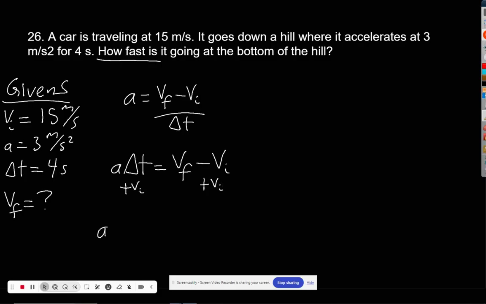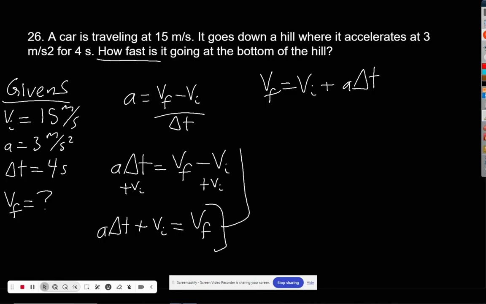So all in all, AT plus VI is equal to VF. That's how that comes out. Or more frequently, you'll see me write this equation as VF is VI plus AT. I just like how this format looks a little bit better, but these are the same equation.